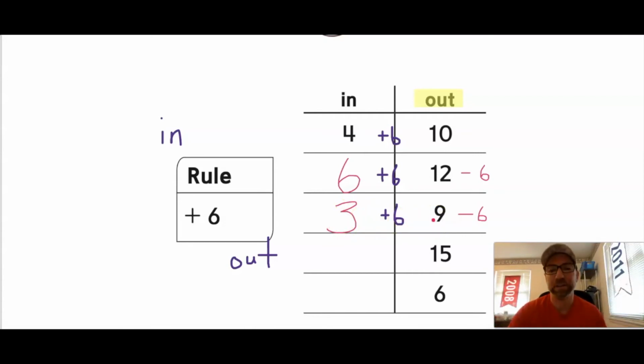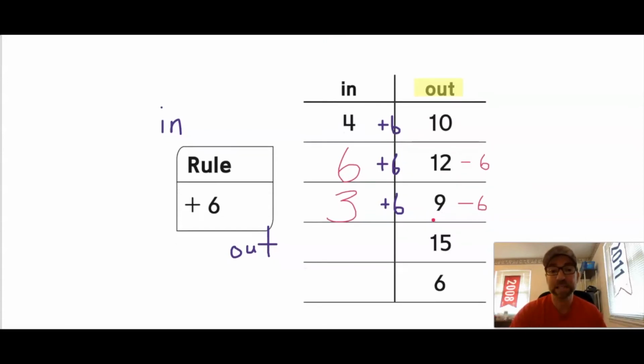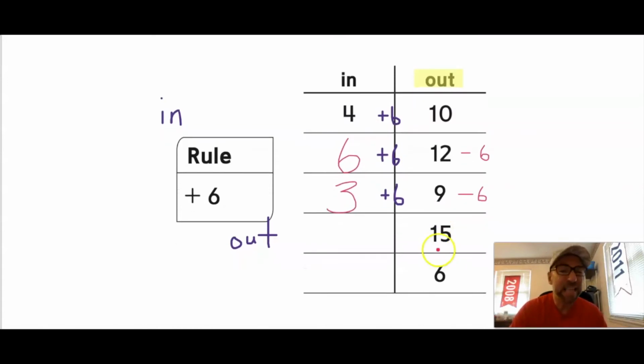It worked. I want you to press that pause button and see if you can solve our last 2 inboxes that are missing. When you're done, press play to see if you are correct. So I got 9 plus 6 equals 15.